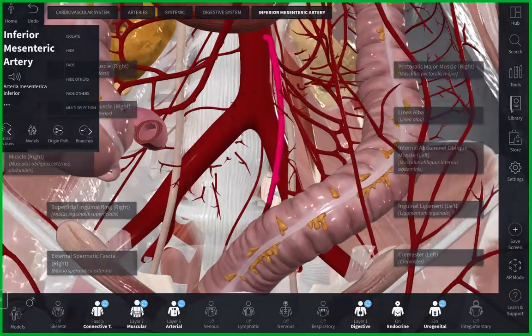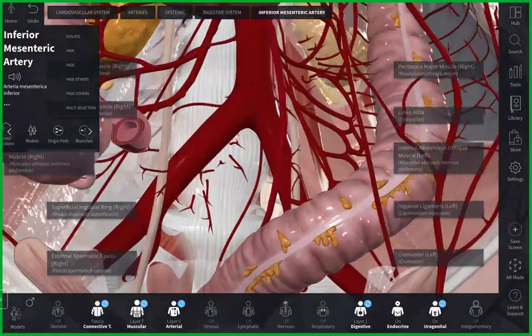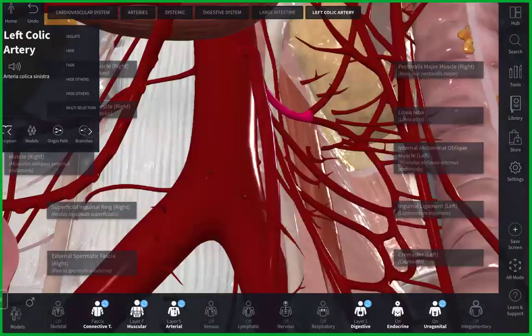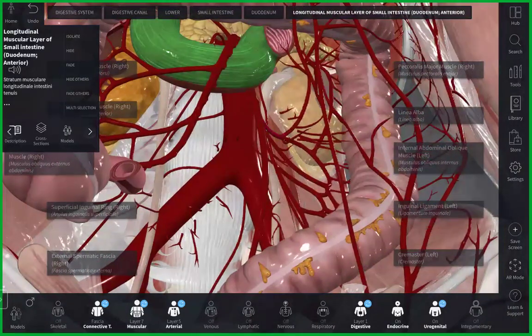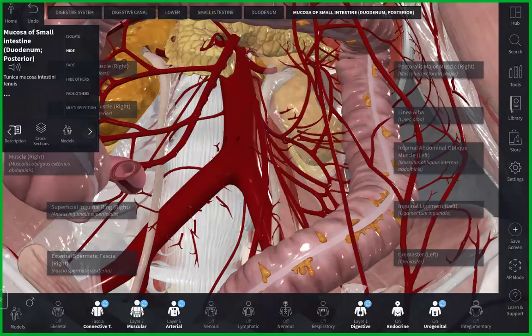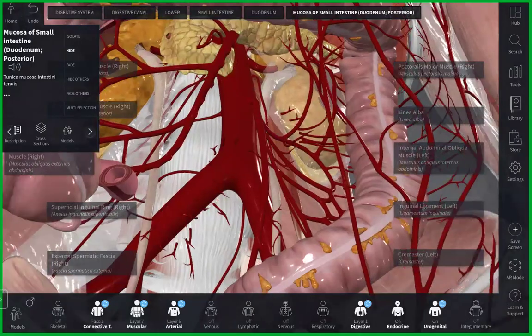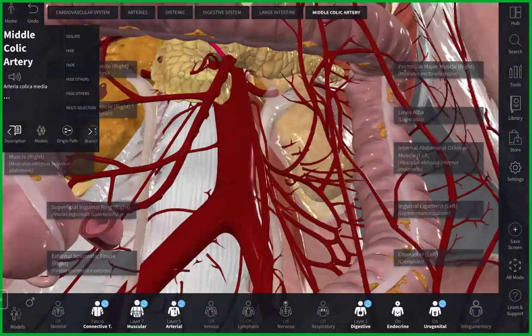So from inferior mesenteric artery, first thing you need to know is this one. That is left colic artery. Why this is important? Because see, let's hide this thing, duodenum. And we can see that this is our middle colic artery and this is our left colic artery. I'm touching the branches.